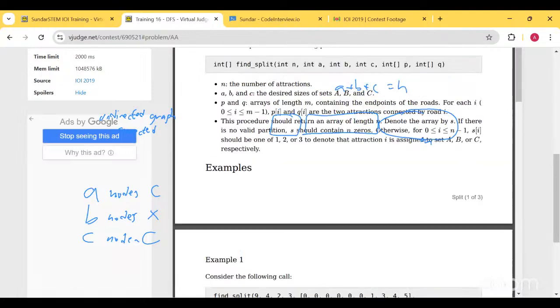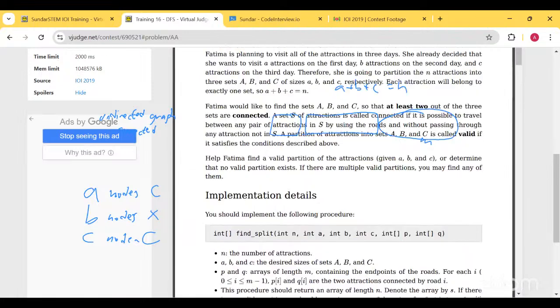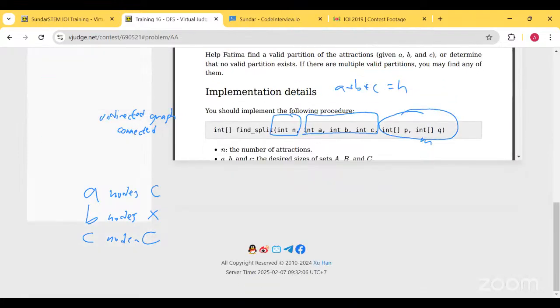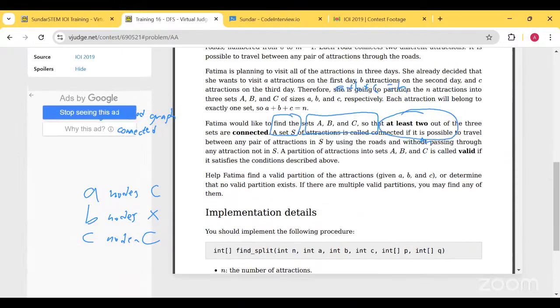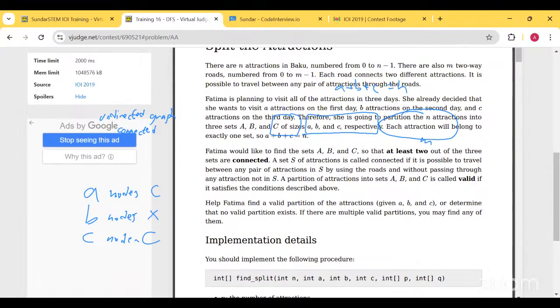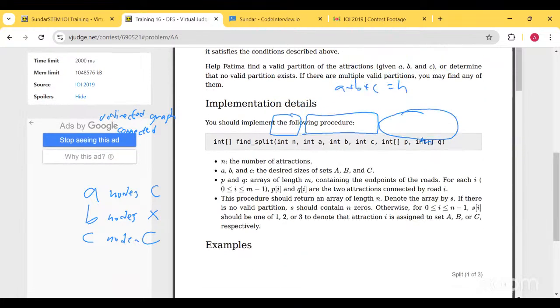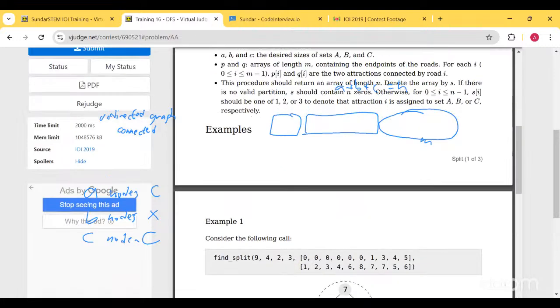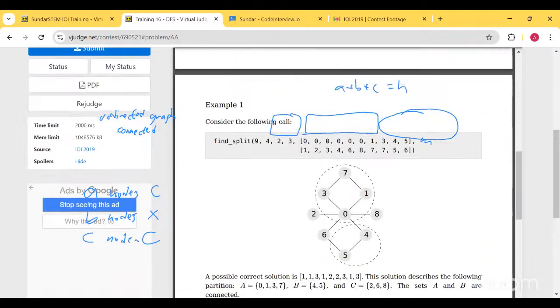Okay, so is the problem understood? Simple, right? And so is the solution, but not the idea.